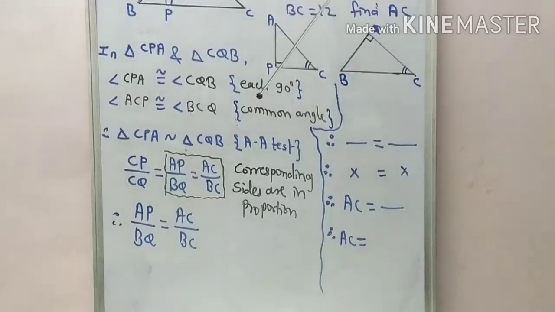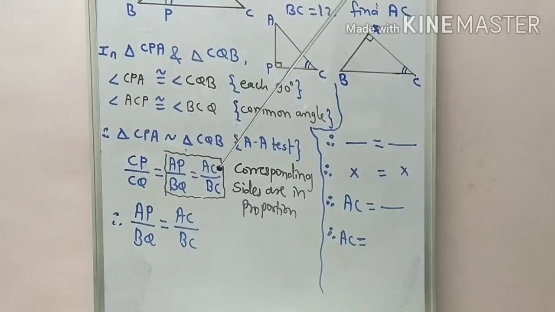According to the similarity, the corresponding sides are in proportion: for CP the corresponding side is CQ, for PA the corresponding side is QB, and for CA the corresponding side is CB. So here we write the ratio CP upon CQ equals PA, which we write as AP upon QB, we write it as BQ, equals the last one, CA, which we write as AC upon BC.